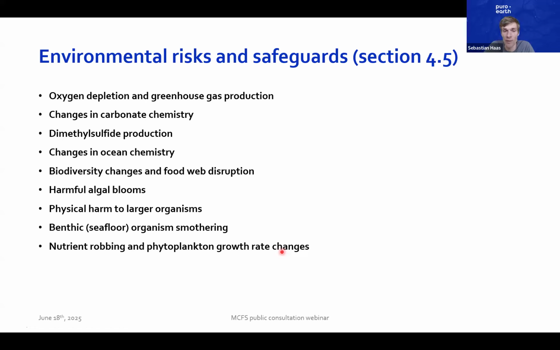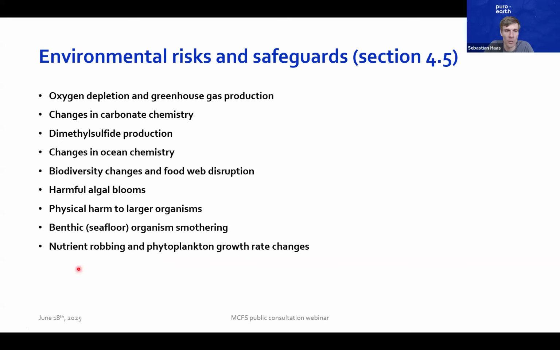So there are also requirements that cover this as part of this framework, which requires close monitoring by measuring nutrient concentration before, during, and after the deployment, as well as modeling phytoplankton growth rates that are based on these nutrient measurements, as well as on kinetic Monod-type models for phytoplankton growth.